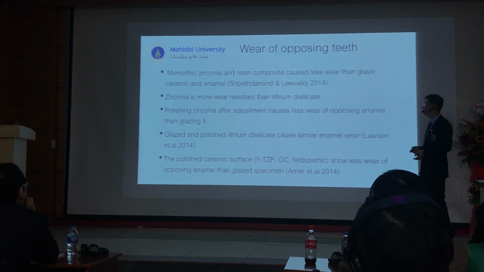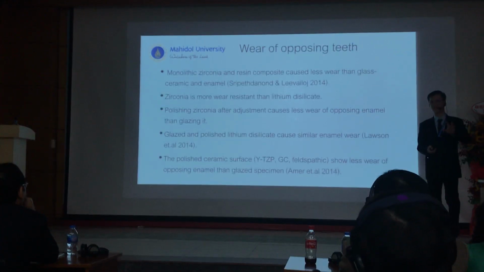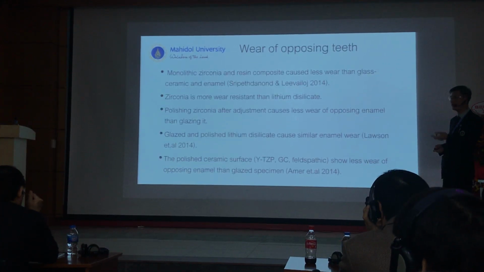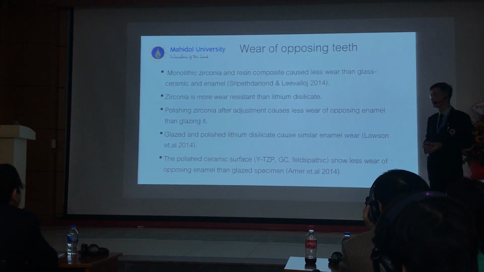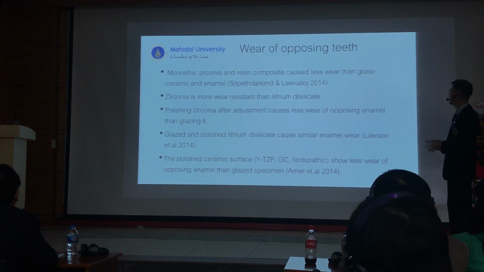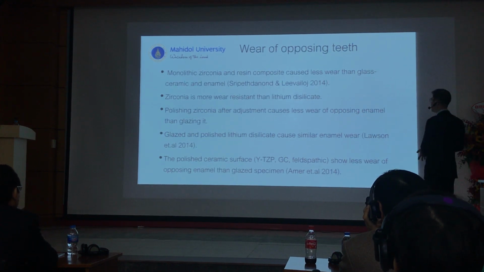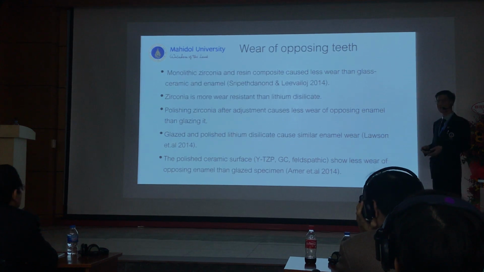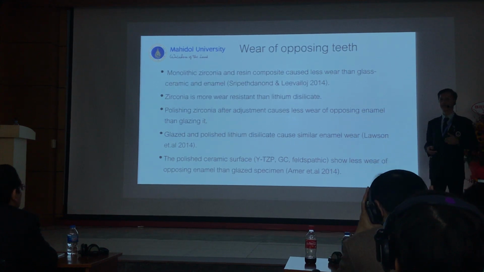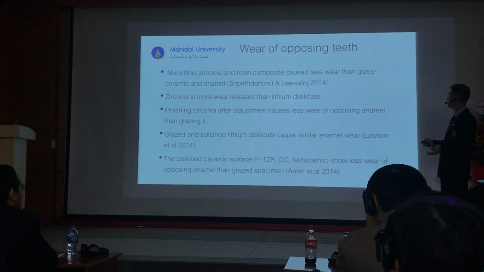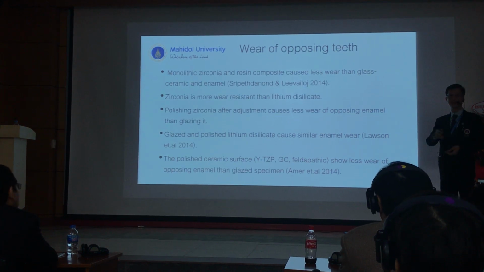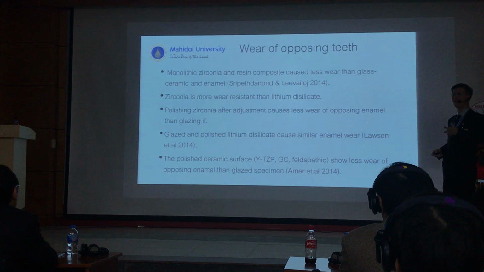When you use monolithic, and right now you can use monolithic zirconia or Emax like in the previous case, there are a lot of studies trying to find out if this material is going to wear the opposing structures or not. But from a lot of studies, I can conclude for you that they found the best way to make the surface compatible is by using just manual polishing, instead of putting on a glaze or firing it again like a casting porcelain or something like that.